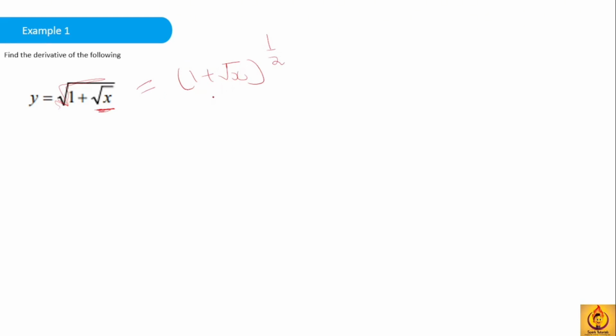So which rule are we going to use? We're going to use the general power rule, because this is our f of x. In a nutshell, this is the case that we have here. This simplified looks like this. So this is the case that we have, and that's the case that we're going to work with. So we're going to work with the general power rule, but also be aware of this.